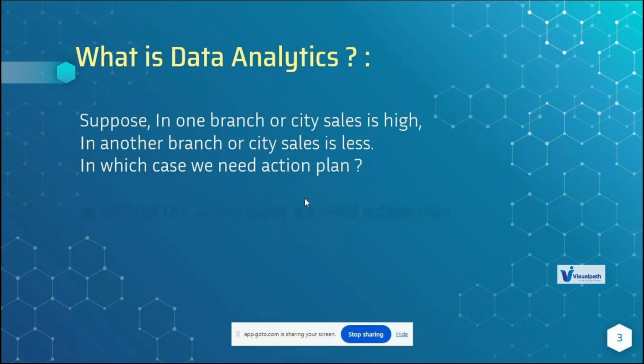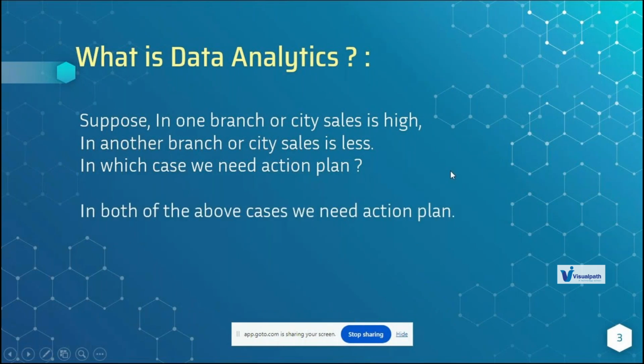In both cases. If sales is more in a branch, for example, we need to increase the collection so that we get more business and more profits. If sales is less in a branch, we have to try to increase the sales by giving discounts, free gifts, offers, promotions. Okay, so in both cases, we need an action plan.